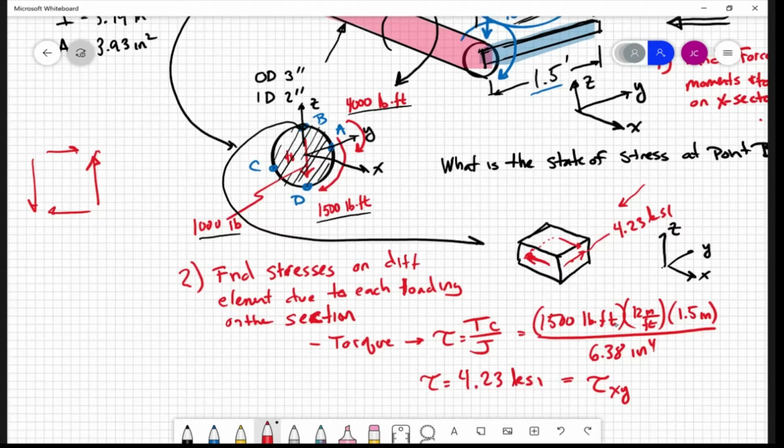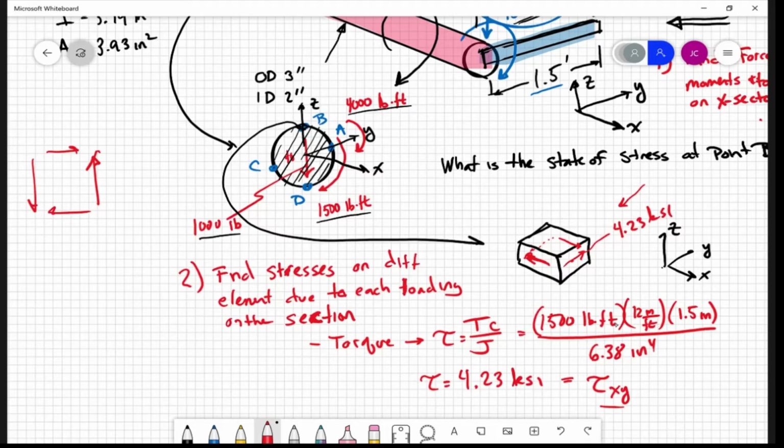And another thing, is the 4.23 KSI stress going to be equal on all faces of the differential? Yes. Okay. Yep. That's right. And remember, those are not forces. It's a stress traction. And that's how we say that it's a tau XY.